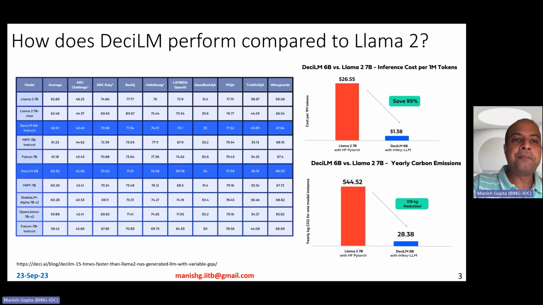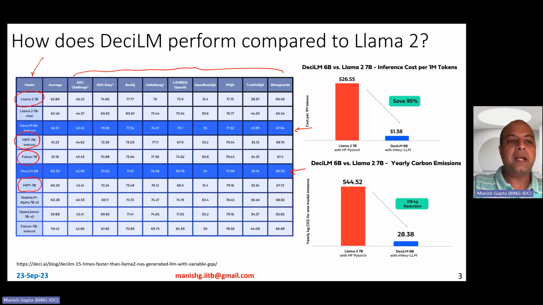To check that, they compared the DeciLM model with several other models like Llama 2, MPT 7 billion Instruct, Falcon, and so on. This row is DeciLM 6 billion Instruct, and this row is DeciLM 6 billion. Comparisons have been done across several datasets that you see here, and here are the averages. What do you observe from the averages?